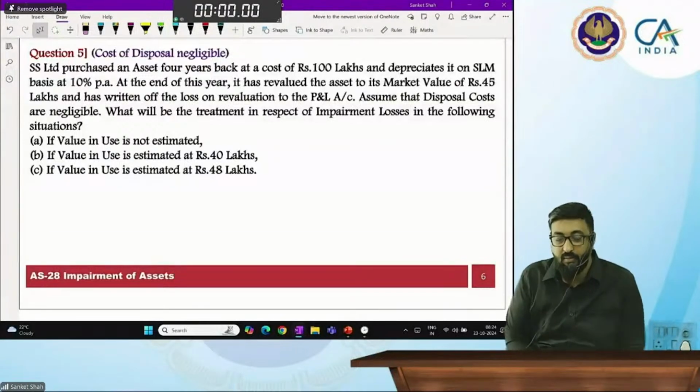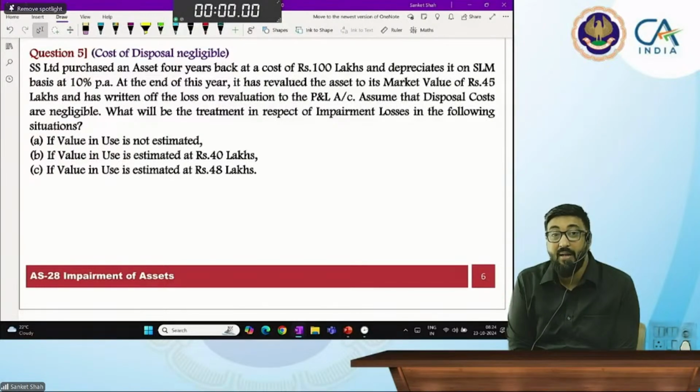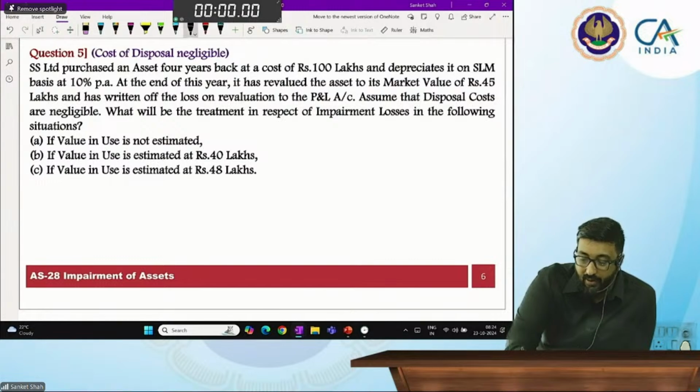See, SS Limited purchased one asset 4 years back for 100 lakhs. How many years ago? 4 years ago. And depreciates on SLM basis at 10%. So my depreciation is rupees 10. Correct? 100 minus 10 for 4 years, 40.